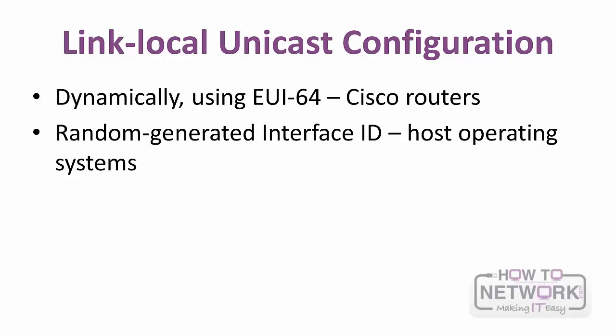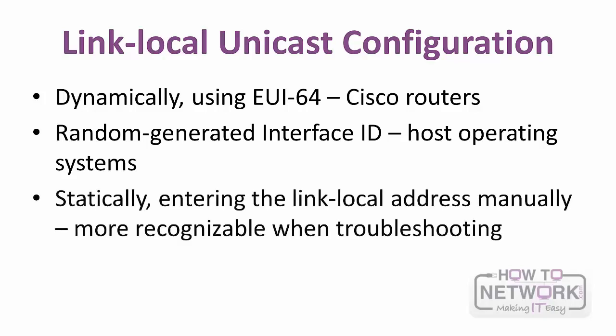To alleviate this privacy concern, devices can use randomly generated 64-bit interface IDs. Whether a device uses EUI-64 or randomly generated interface IDs is dependent upon the operating system. Cisco routers use EUI-64. The trend seems to be for host operating systems to generate their interface ID randomly by default.